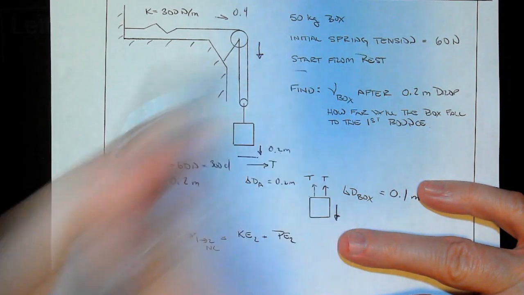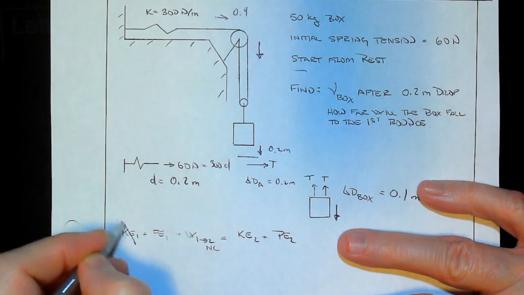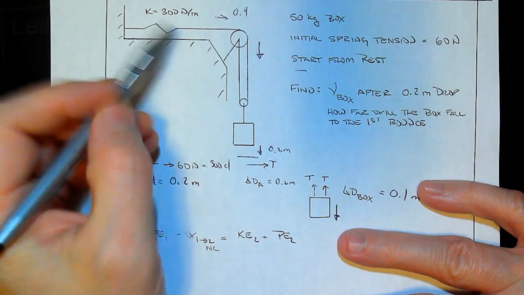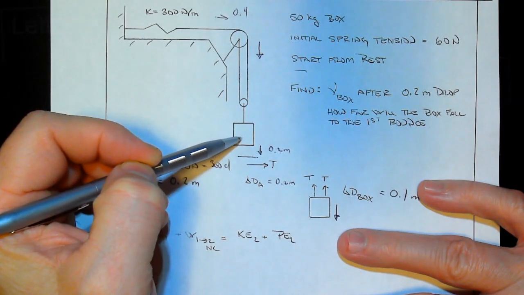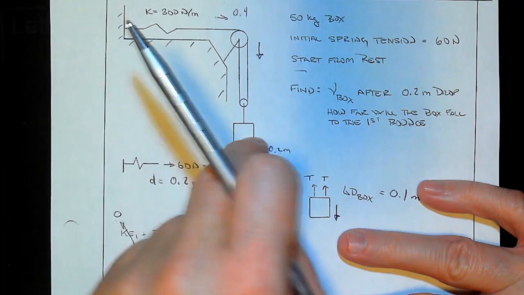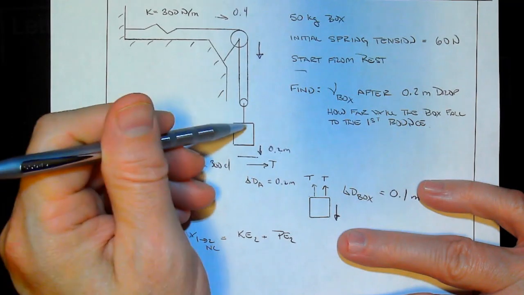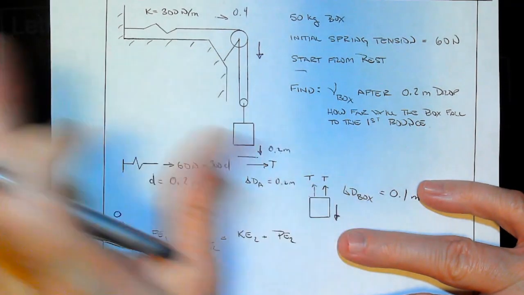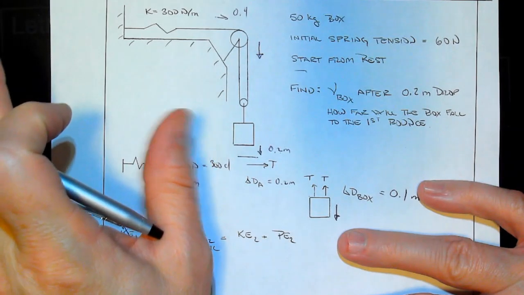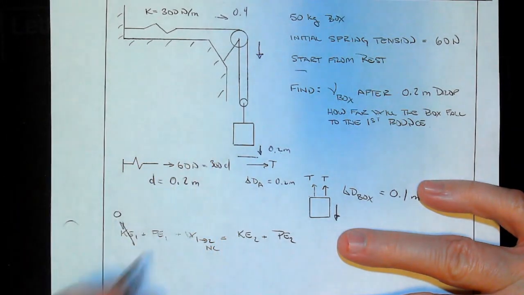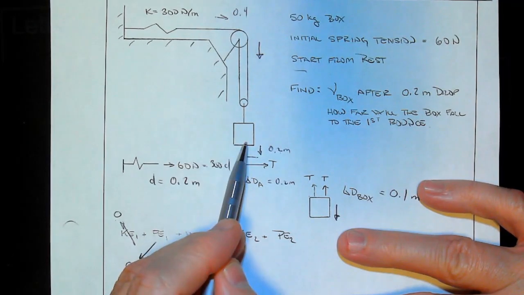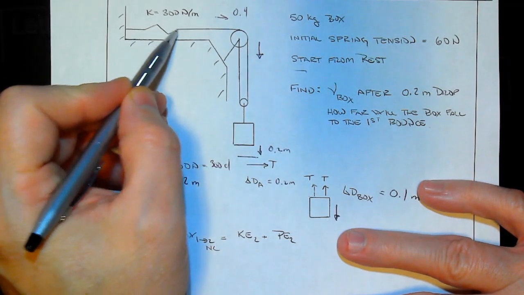So let's apply that. We're starting from rest. So KE1 is 0. I'm going to let this position be the 0 position. So it has fallen 0.1 meters already due to the stretch, but I'm going to call that spot my 0 position. Okay? So on PE, that says I'd have a 0 relative to that part, but I have energy in here.